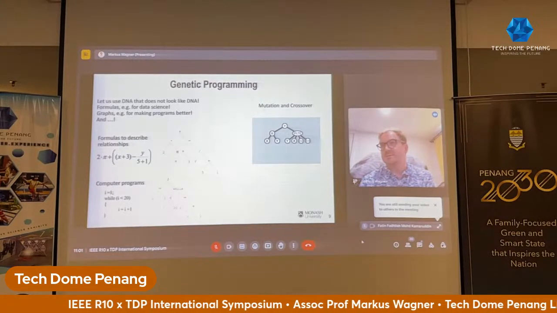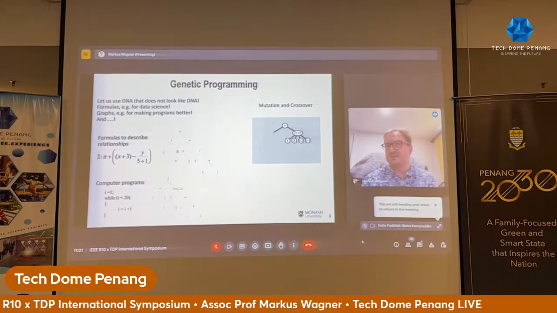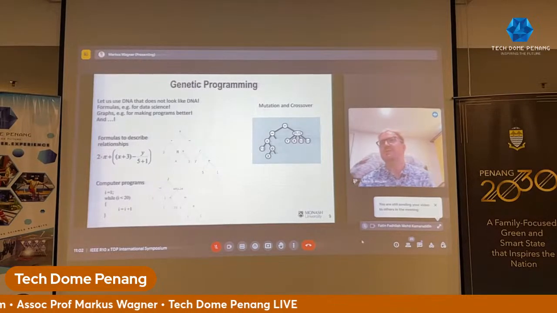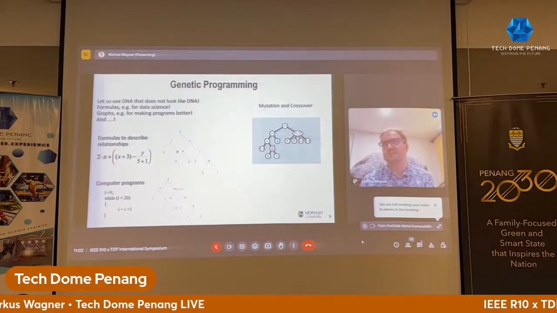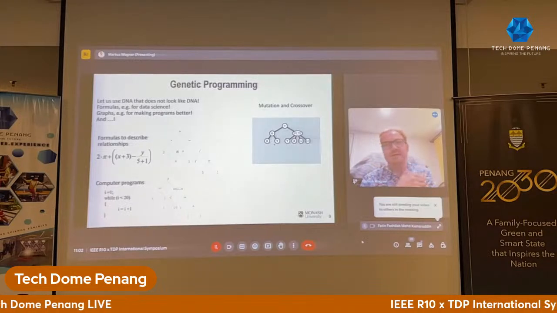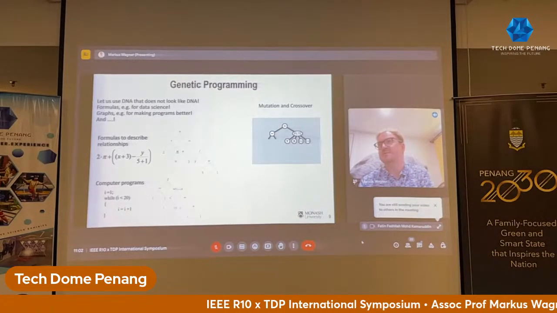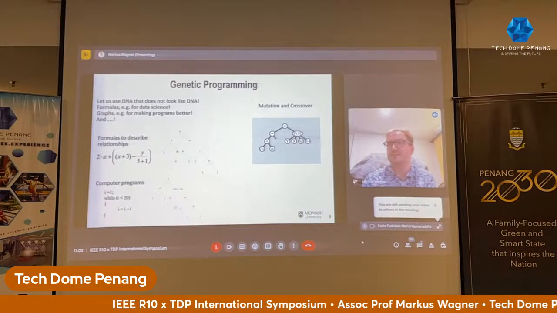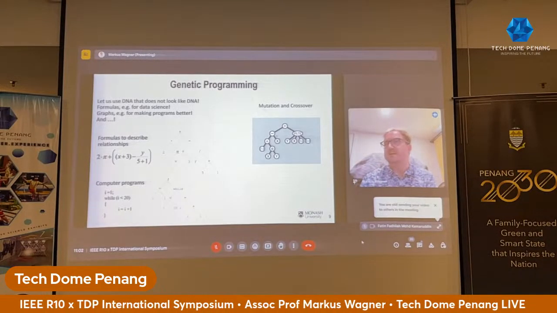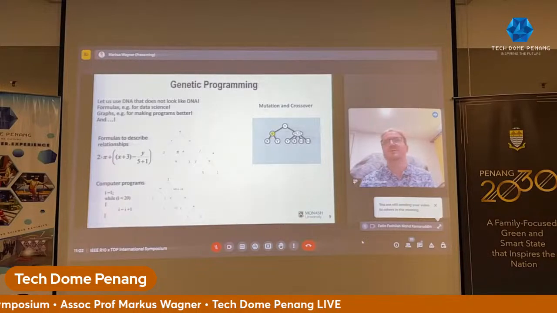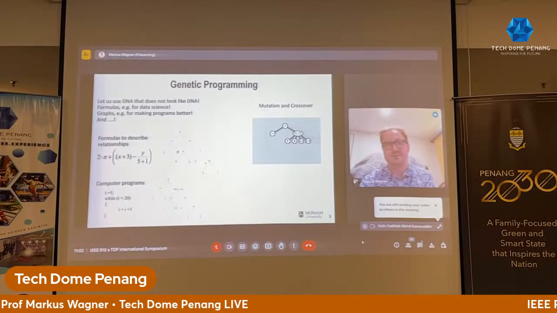This is the starting point, and the mutation now just deletes part of our tree and regenerates parts. So this is a simple mutation. You can define it however you want. You can change an X to a Y, a 3.2 to an 18.0, and so on. There are many ways to modify these formulas and then check whether they are better or worse, for example using mean squared error.